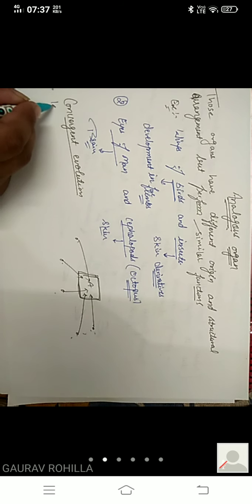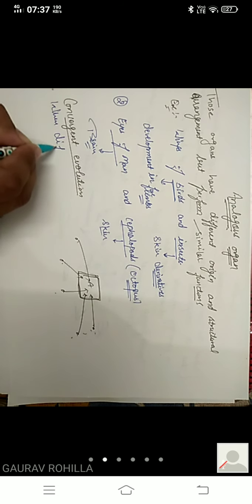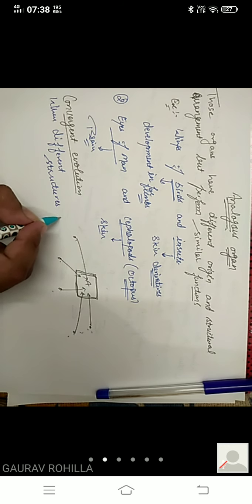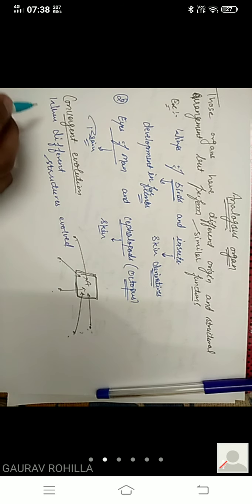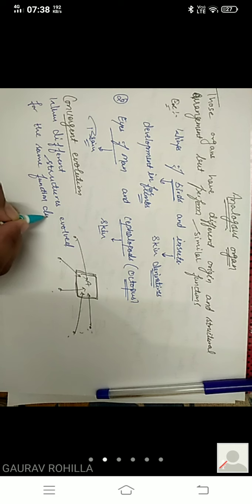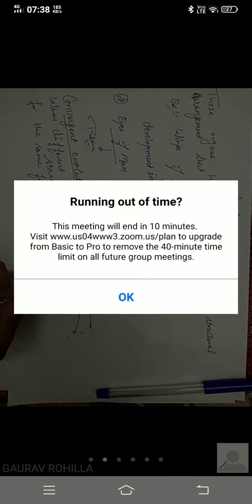So that's why it is also correlated with analogous organs. So we can define it as when different structures evolved for the same function due to similar habitat.